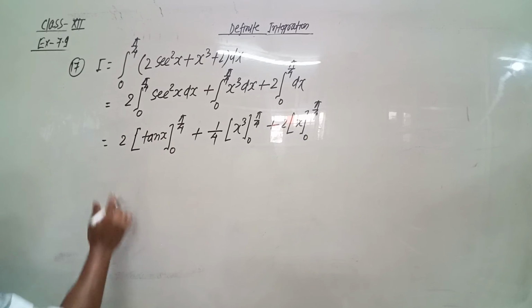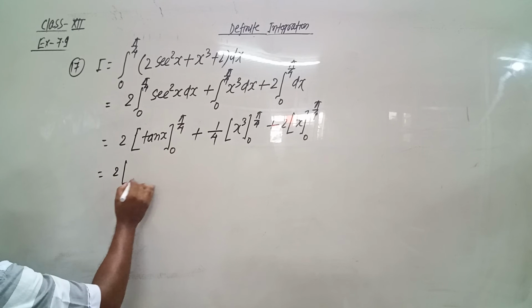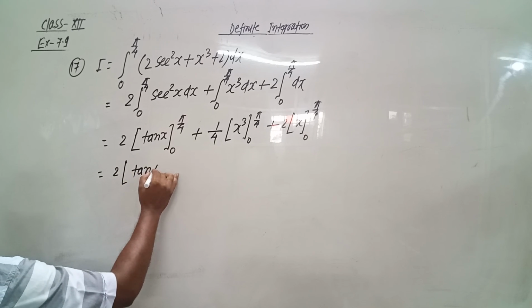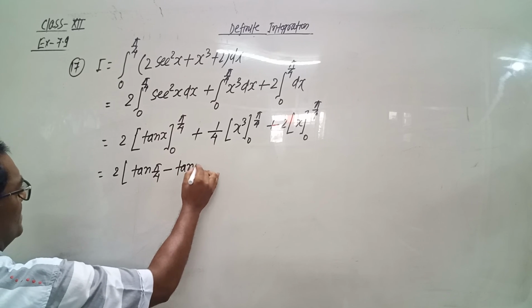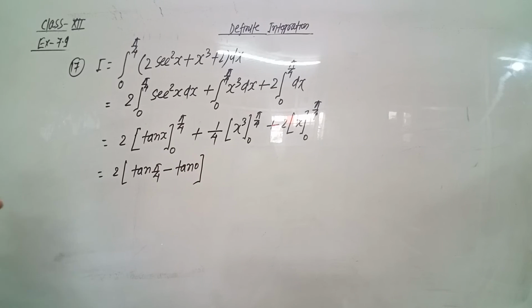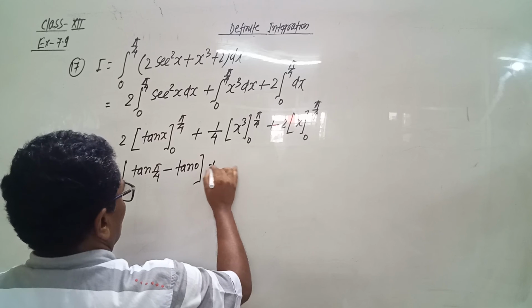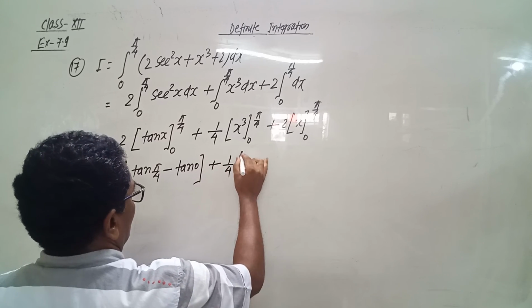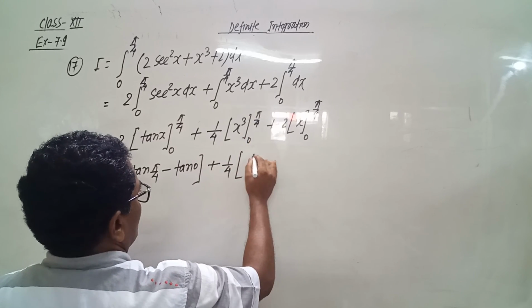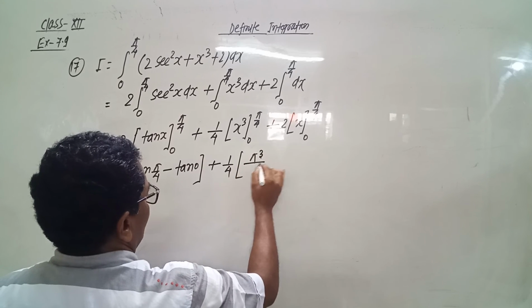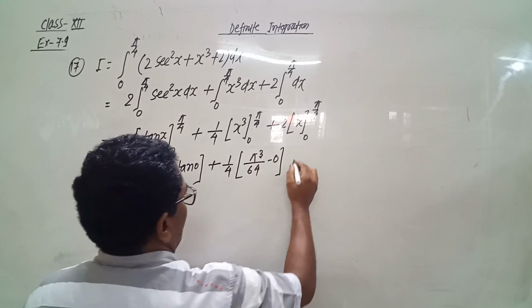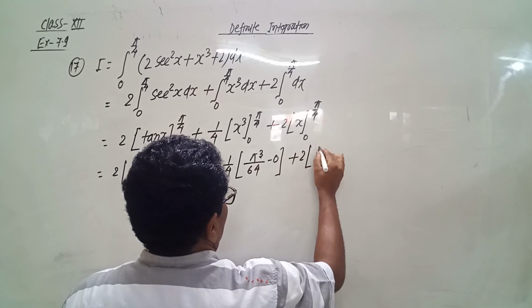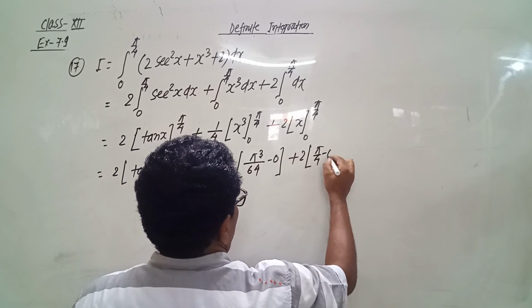Then we put the limits, so 2 times tan pi by 4 minus tan 0, upper limit minus lower limit, plus 1 by 4 times upper limit pi by 4 the cube, so pi cube by 64 minus 0, and plus 2 times pi by 4 minus 0.